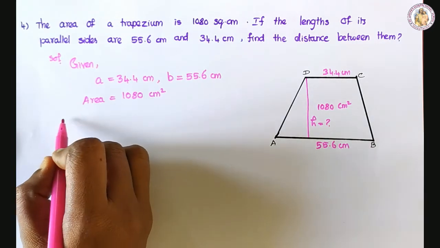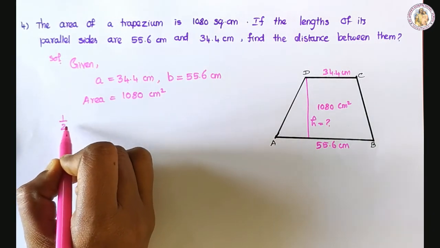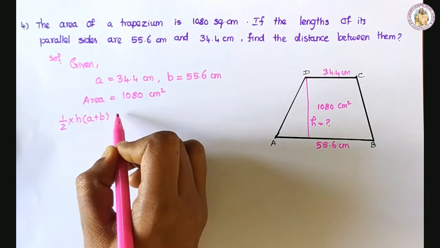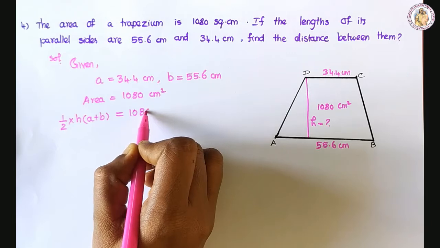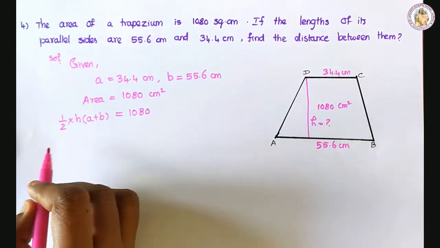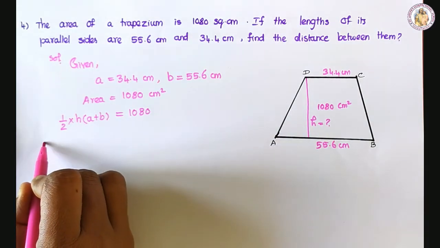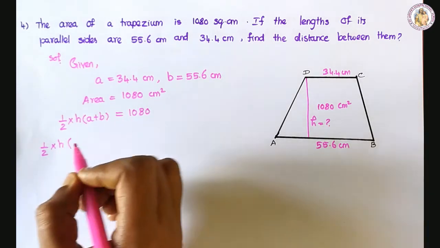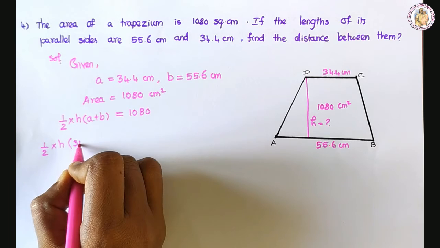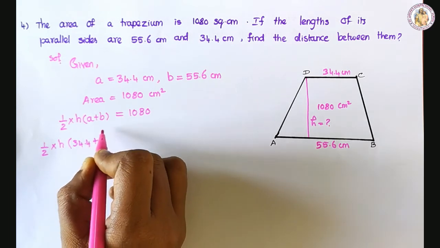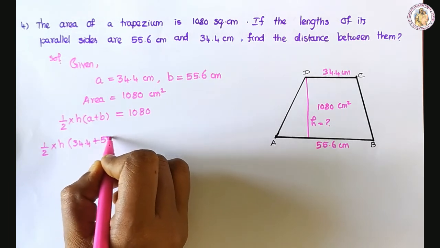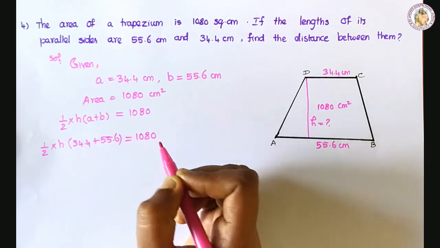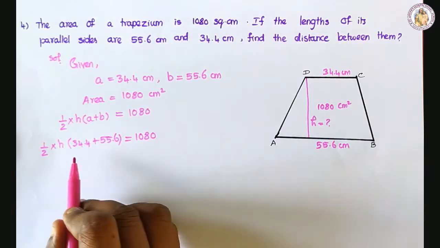Instead of area, we apply the formula, that is 1 by 2 into h into (a plus b) equal to 1080. Substitute the values. 1 by 2 into h into, what is here, (34.4 plus 55.6) equal to 1080.